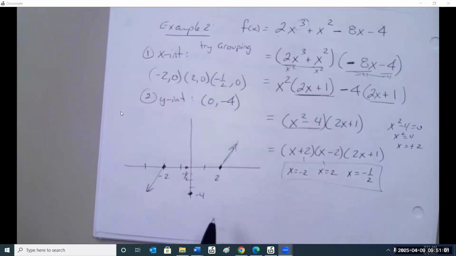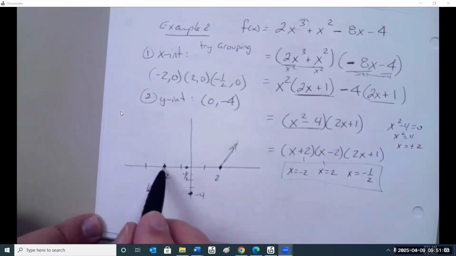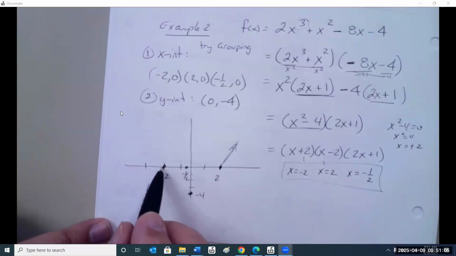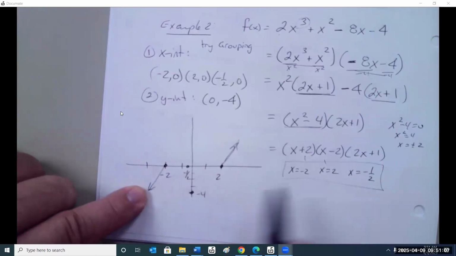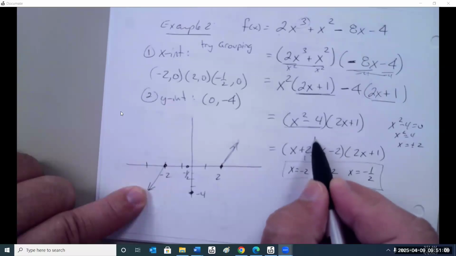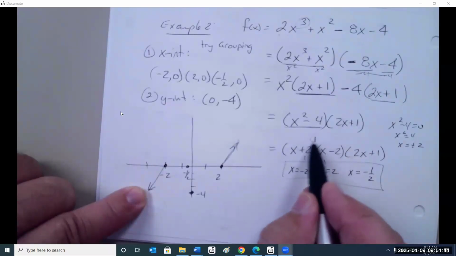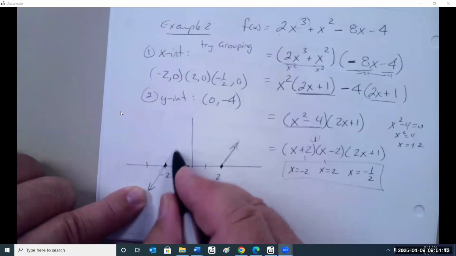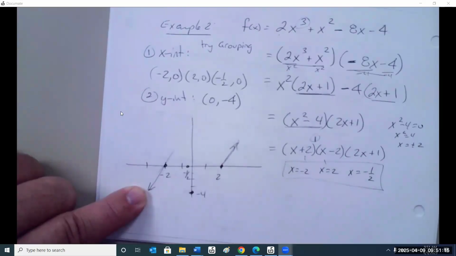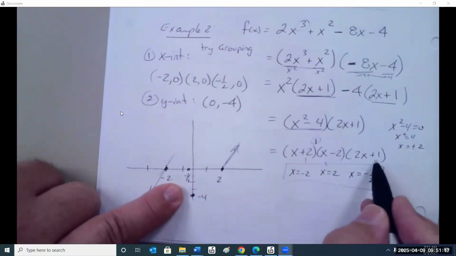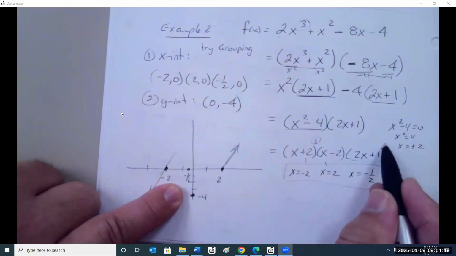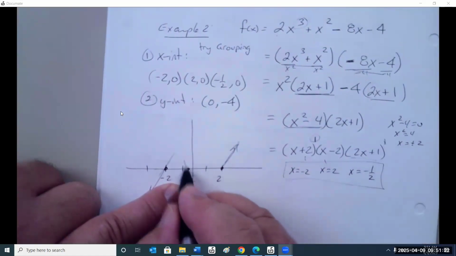So looking at our graph, does it cross this point or does it bounce off it? At -2, the multiplicity is 1. Since that's an odd number, it crosses. At -1/2, the multiplicity is 1, so it crosses.